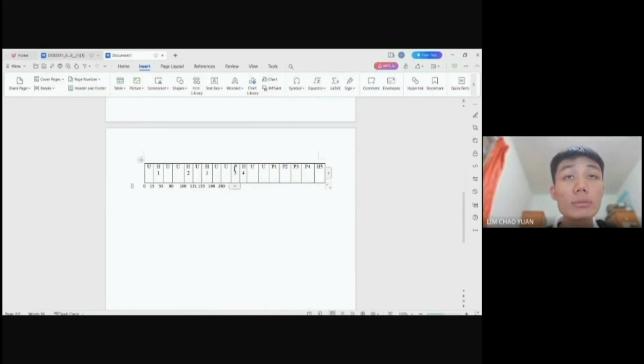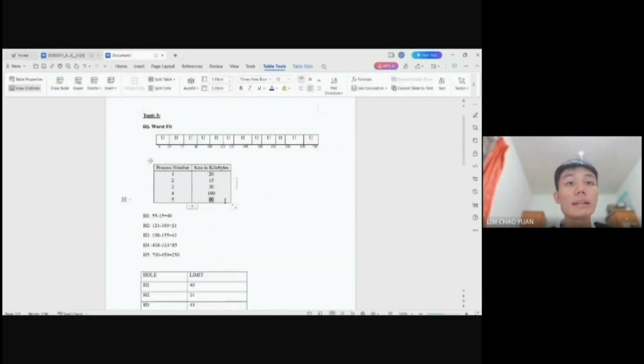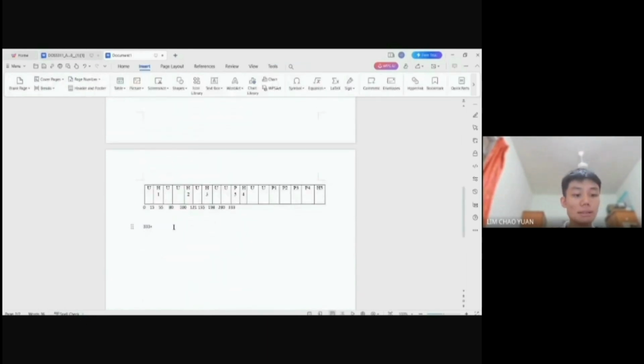Okay, when we see this P5, right? So we must plus again this value. So we take the 335, and we plus the value of P5, which is 18, right? So we plus the 18, so we get 413.